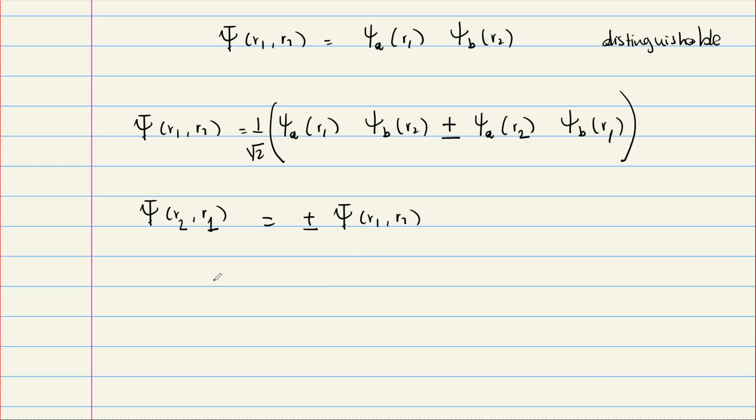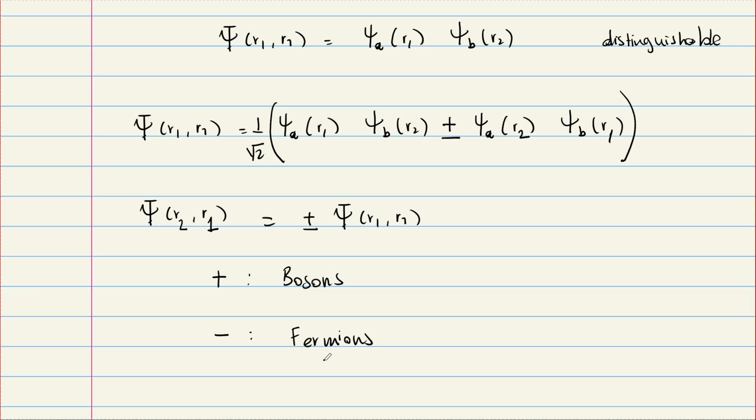The symmetric wave function, this plus sign, we are going to call bosons. And anti-symmetric wave functions, we are going to call fermions. There is something called the spin statistics theorem in relativistic quantum mechanics.